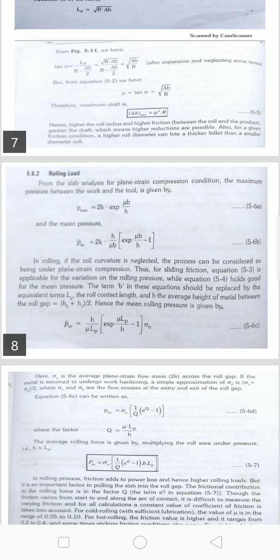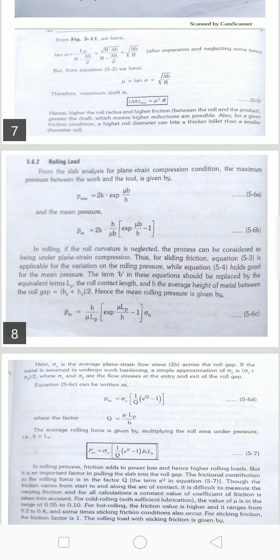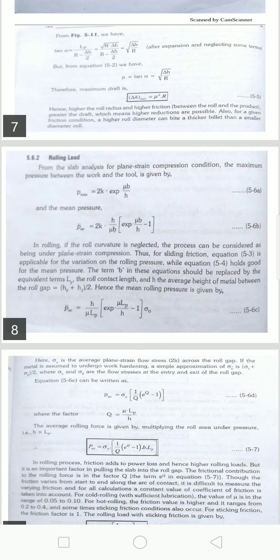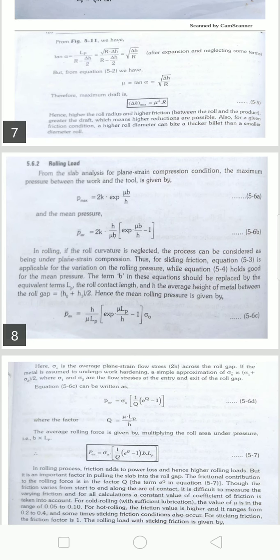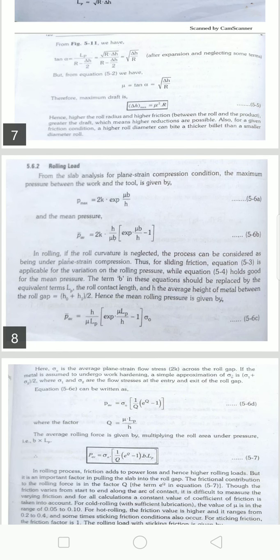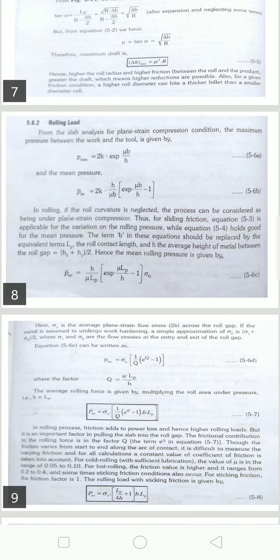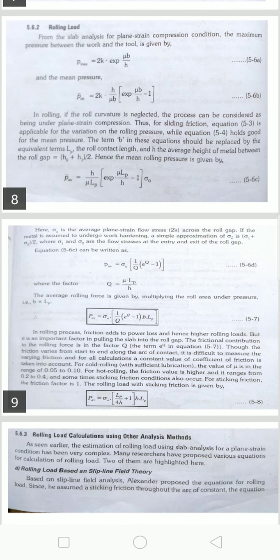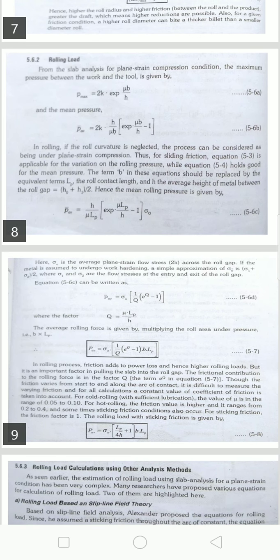The term B in these equations should be replaced by the equivalent term LP, that is the roll contact length, and H the average height of metal in the roll gap. Therefore H bar is equal to (H naught plus H1) by 2.